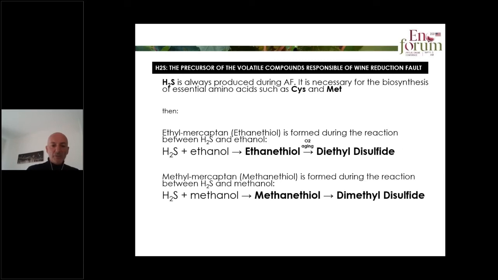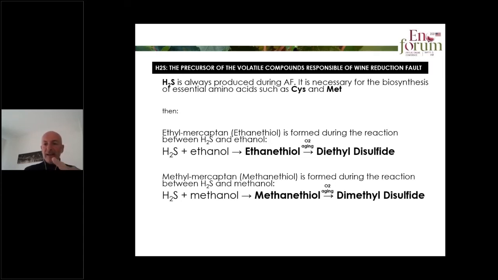And the same happens with methanol. We always have little traces of methanol. H2S plus methanol gives methanethiol, and then during aging of the wine in the presence of oxygen, we can have oxidation to the corresponding disulfide, so dimethyl disulfide.